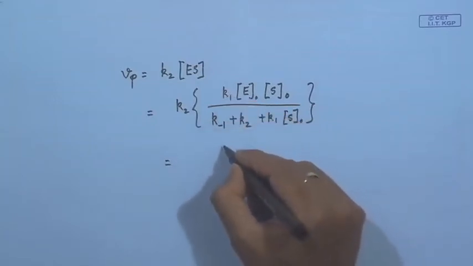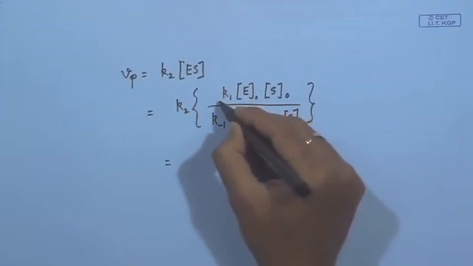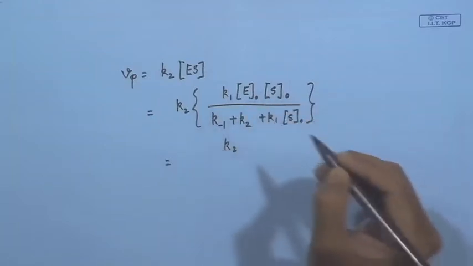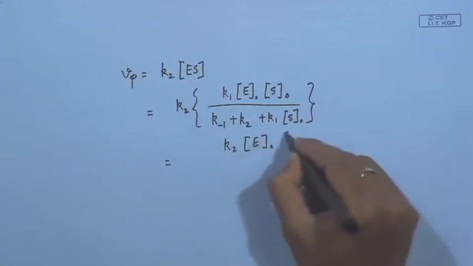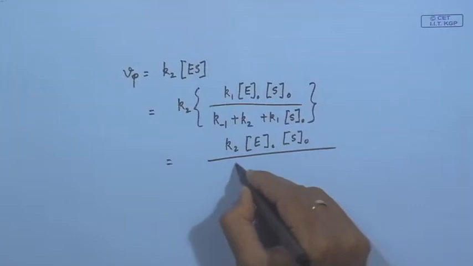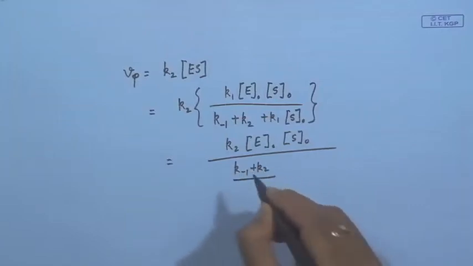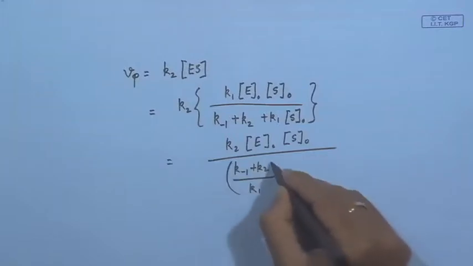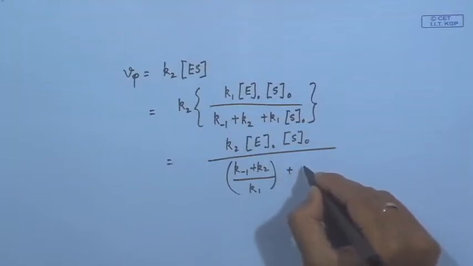So, therefore, if you divide the numerator by k1 and also the denominator by k1, it will be k2 E0 S0 divided by your k minus 1 plus k2 divided by k1 plus S0.